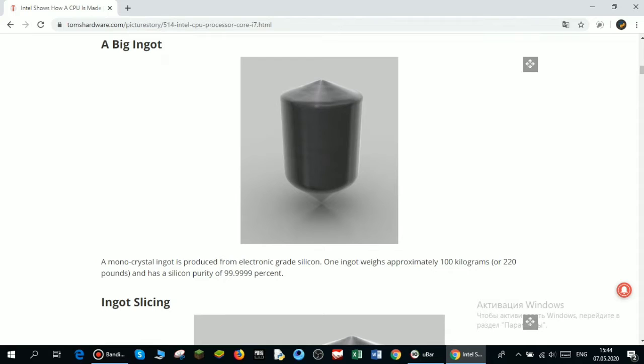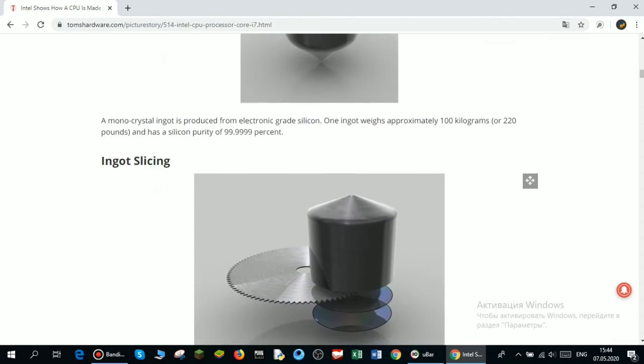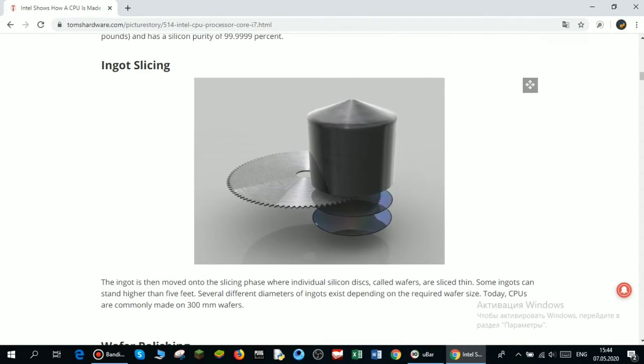One ingot weighs approximately 100 kilograms or 220 pounds and has a silicon purity of 99.9999%. Okay, that's useful information too.